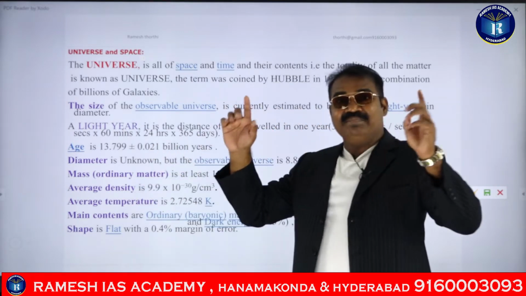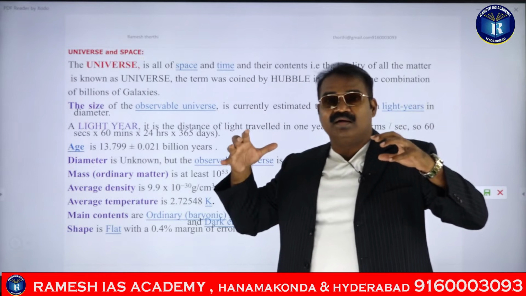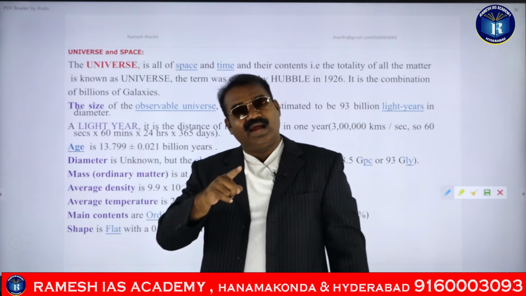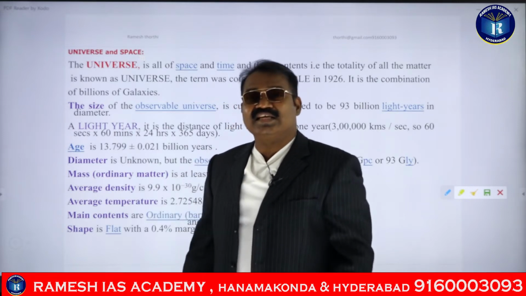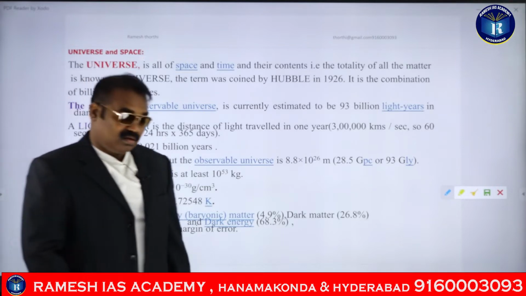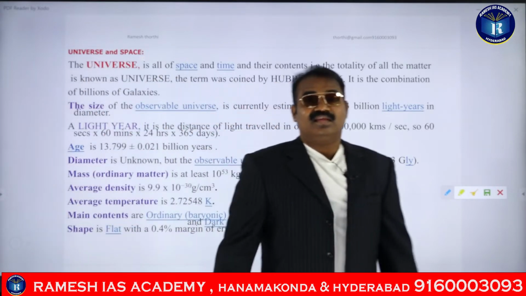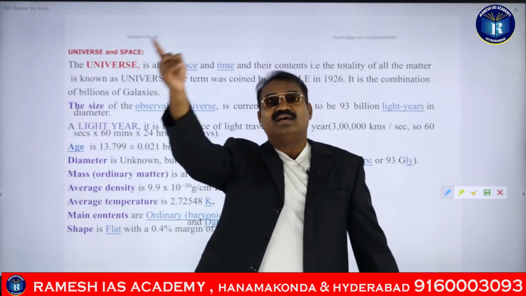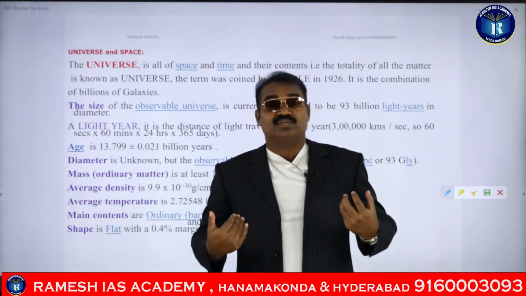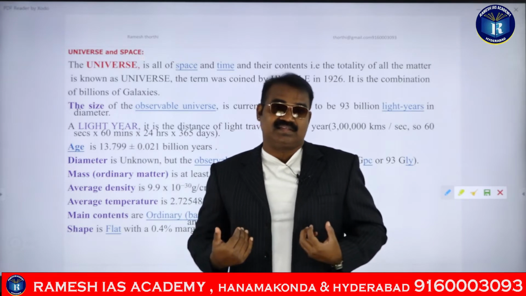As the name says, Brahmanda means a big egg, and even NASA has given out a picture of the universe which looks like a big egg, as was told by our ancestors in the ancient Indian texts.